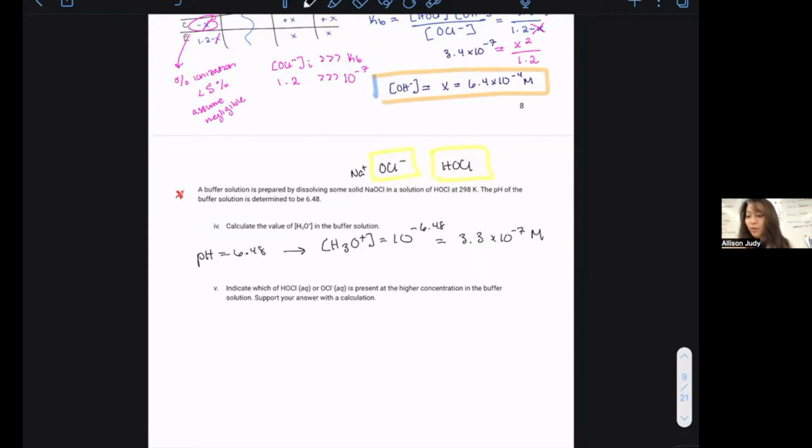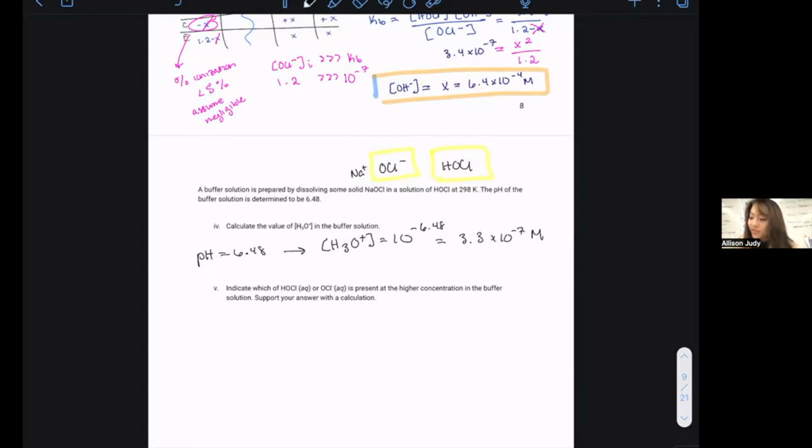So we want to figure out where this buffer solution finds its equilibrium: in favor of the acid species, or in favor of the conjugate base species. Oftentimes a question will ask you to pull from the portion right before it, especially under the same subheading, and it will often refer you back to the data.